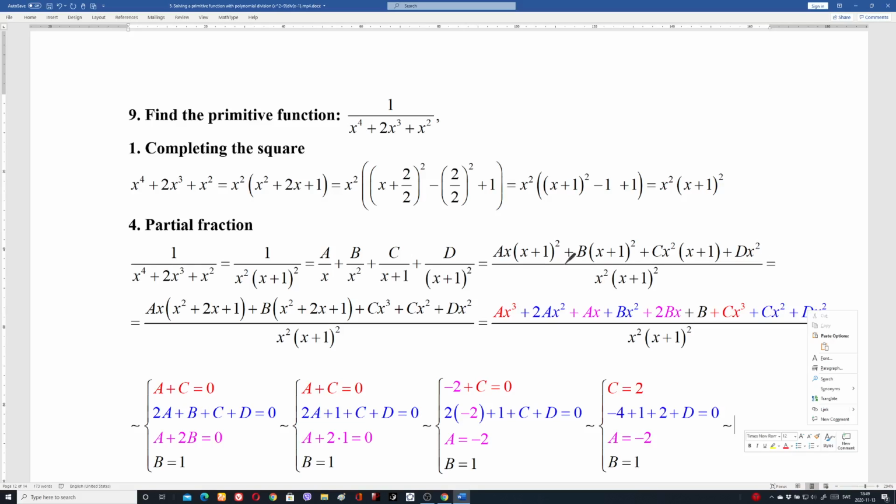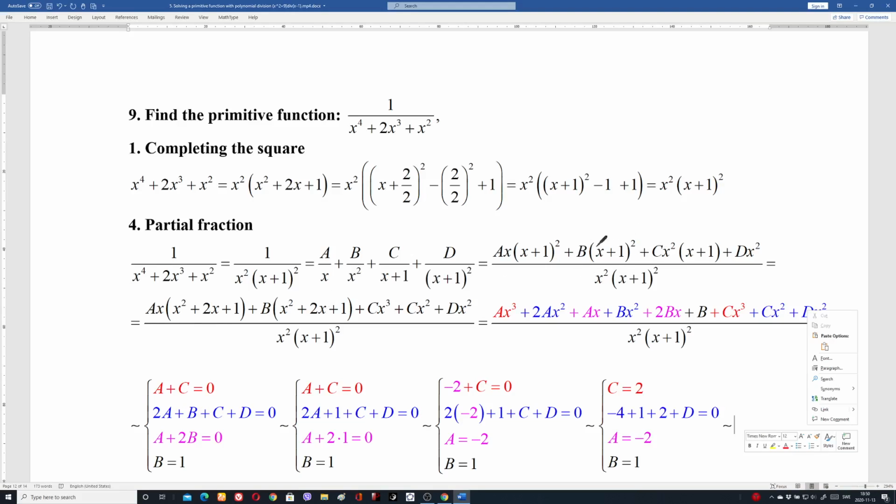Okay? So now we should expand this and multiply. We do the multiplication. We have the first one squared, plus 2 from the first multiplied by the second is 2x, plus the second one squared, which is 1. Okay? And x we have here.